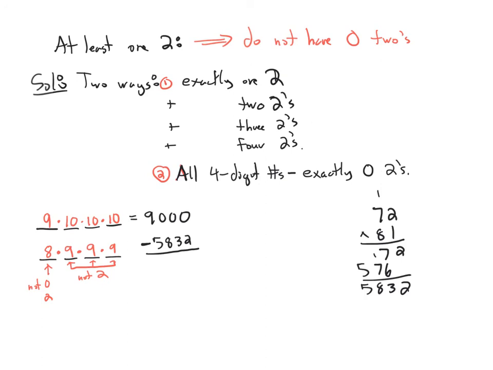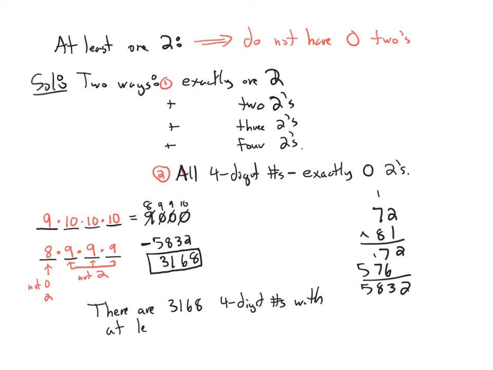All right, let's do that subtraction. 8, 6, 1, 3. So there we go. There are 3,168 4-digit numbers with at least 1 2.